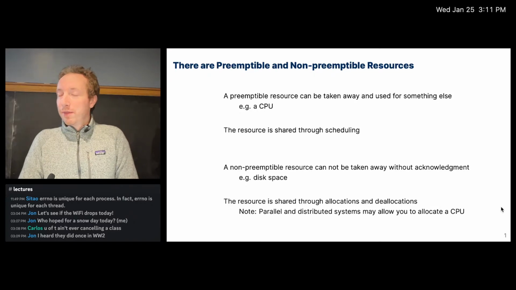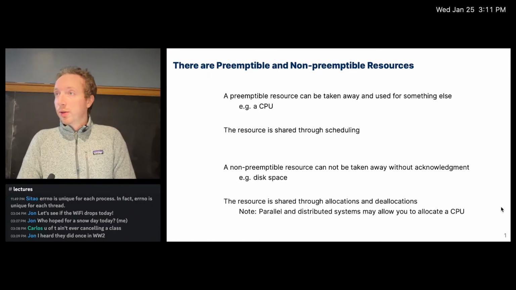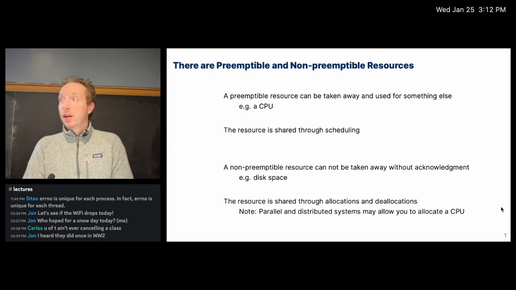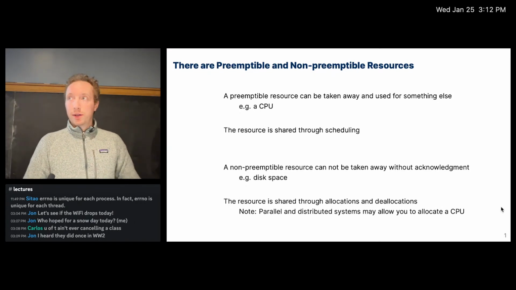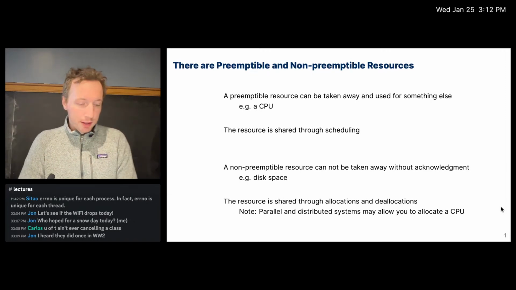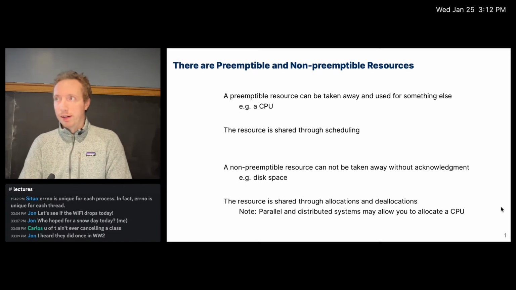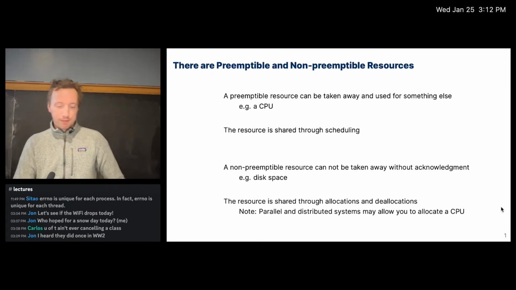So it's something that's given to you, and you get to use it, you don't have to share it. So like disk space would be an example of a non-preemptible resource. So you get some disk space, you either use it or you don't, it's not taken away from you. So non-preemptible resources are shared through allocations and deallocations, and memory would be another example of this.